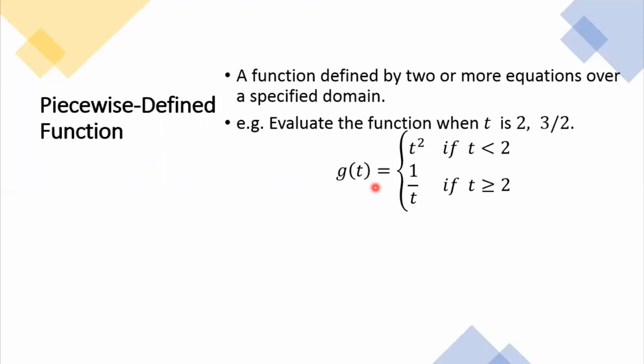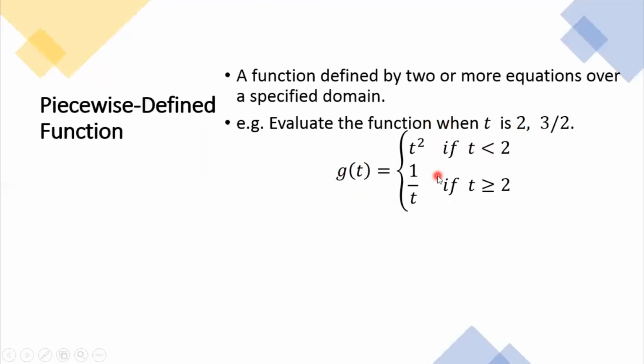For example, we are asked to evaluate the given function. Now this is the given function. Evaluate the function when t is equal to 2 and 3 over 2. What type of function is this? This is what we call a piecewise defined function because by definition, it consists of two or more equations over a specified domain.